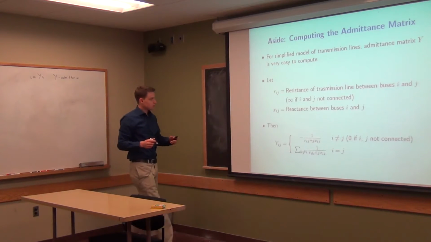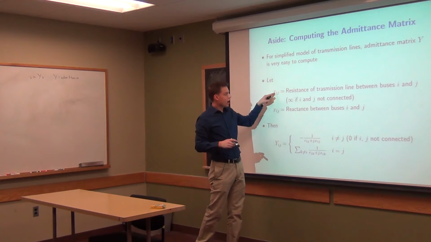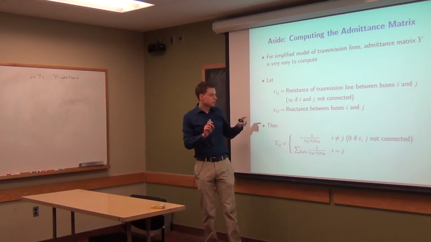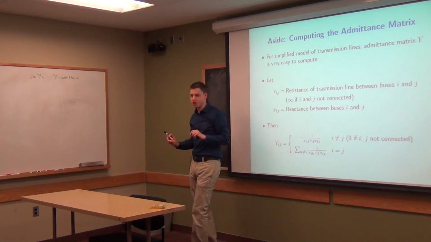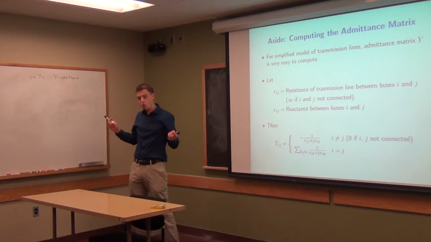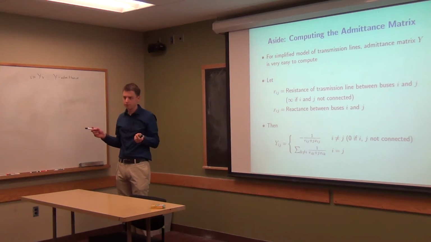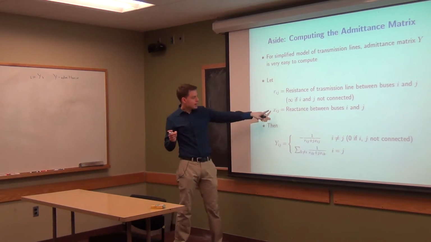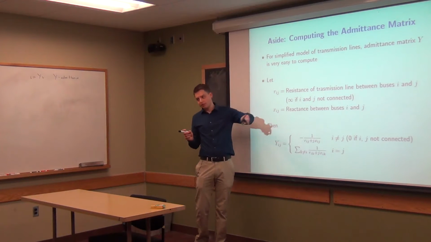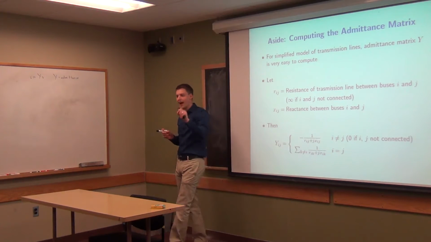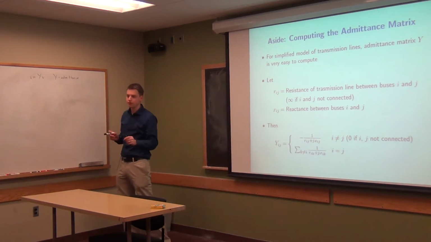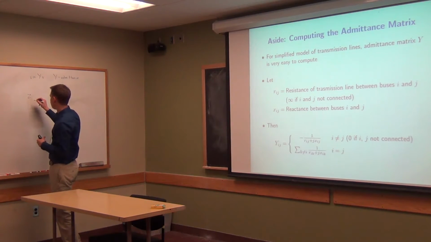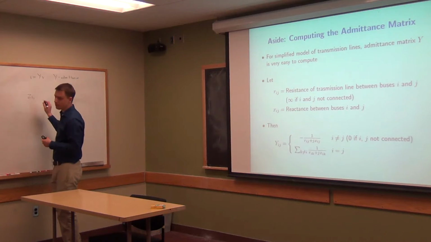So we're going to let Rij be the resistance between nodes i and j. And if there's no wire between them, that would be infinite. We're also going to let Xij be the reactance. Remember, reactance is the imaginary portion of impedance. So Zij, that's the impedance between these two things.